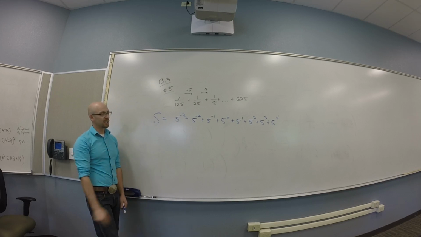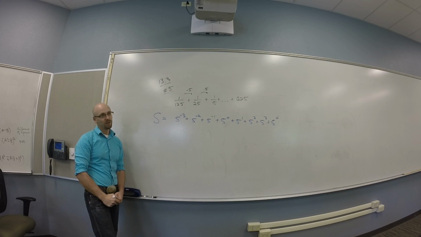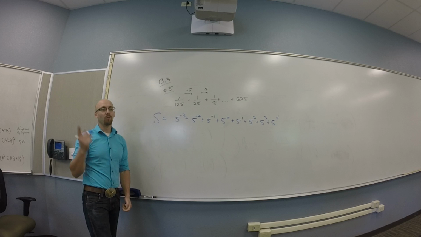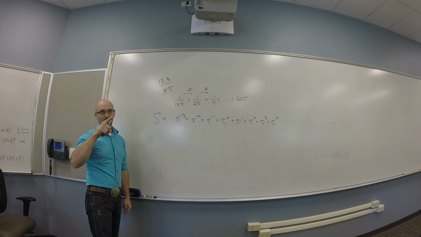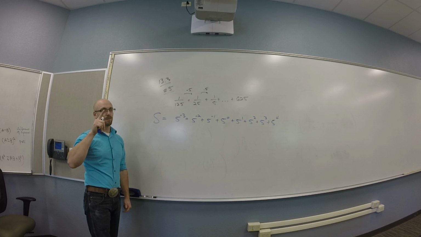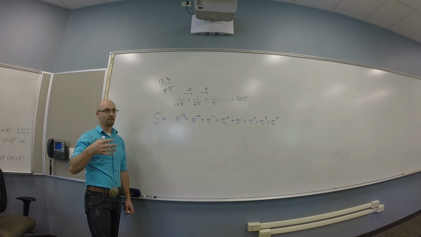Okay, so I would call this thing S, and then what's my trick for summing geometric series? Multiply through by the ratio. So what's the r for this one? 5. Yeah, we're multiplying by 5 every time.